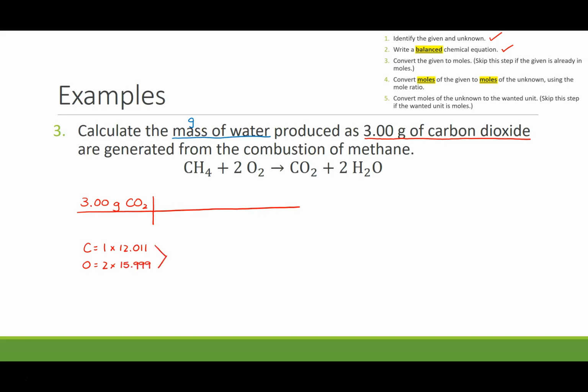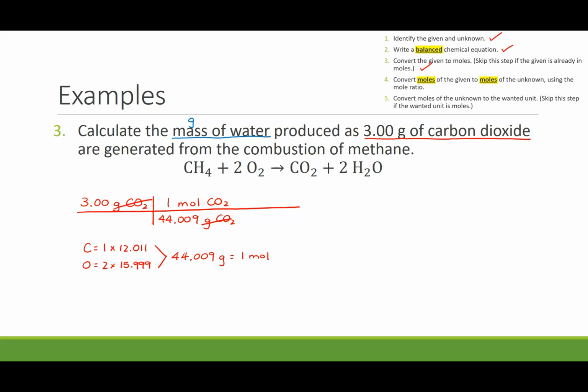And we will add those up, and we get 44.009. So 44.009 grams of CO2 equals 1 mole of CO2. So 44.009 grams of CO2 will go on the bottom and 1 mole CO2 on the top. This will allow us to cancel grams of CO2, and we are finished with the third step.